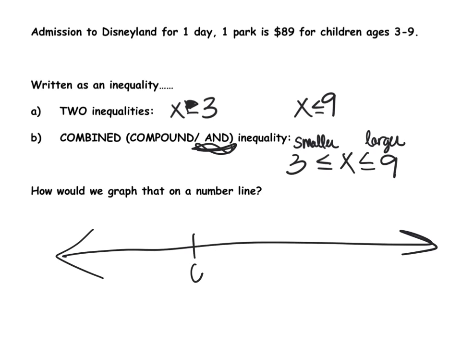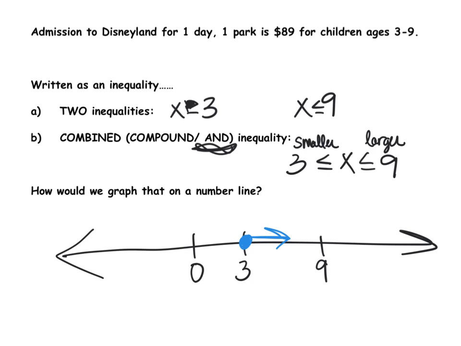Okay, put your 0, put your 3, put your 9. Even though I reversed it, look back to the original for graphing. X is greater than or equal to 3. Is it closed circle or open circle? Does it go to the right or to the left? Greater than 3, right?